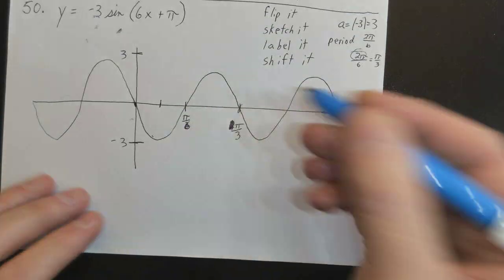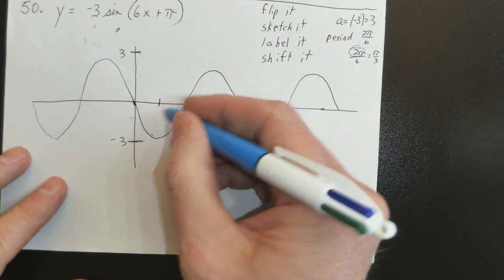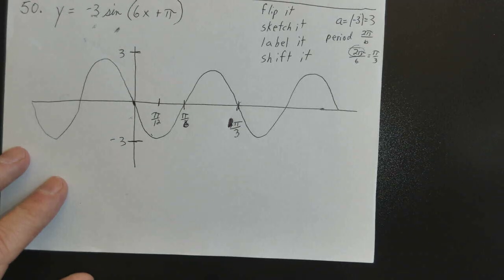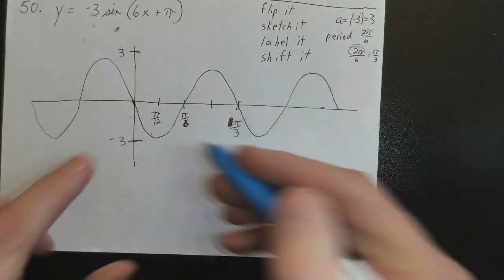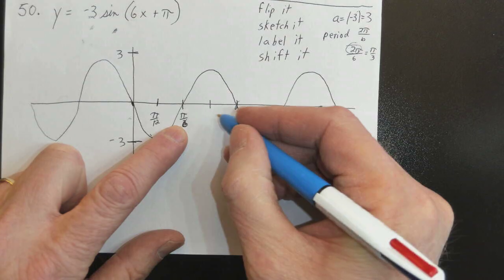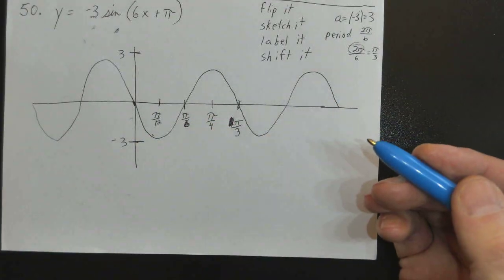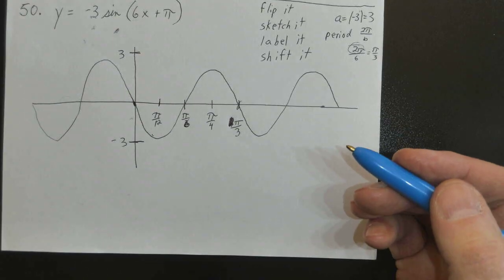Half of pi over 3 is pi over 6. Half of pi over 6 is pi over 12. Everybody good with that? And halfway, 1 pi over 12, 2 pi over 12, 3 pi over 12 is actually pi over 4, right? 3/12 is 1/4.